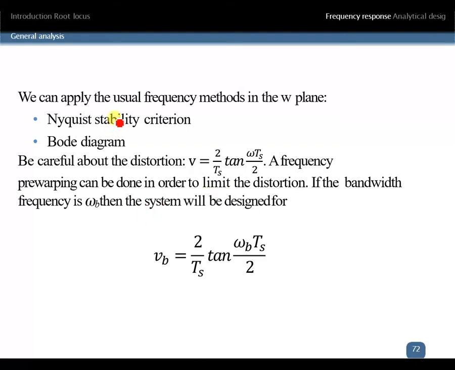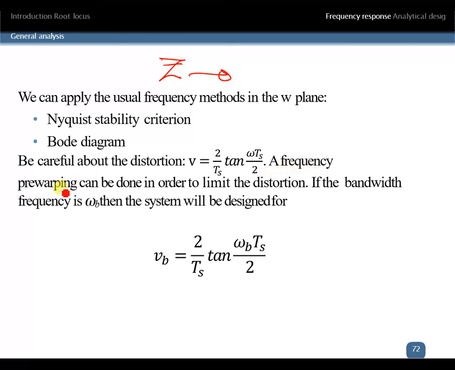We can apply the usual frequency methods in the w-plane, Nyquist and Bode diagrams. That means if you have it in Z, you change the Z to the W-plane and you implement the Nyquist and the Bode exactly the same as in your S-plane. Be careful about the distortion, v equal to 2/Ts tan(ωTs/2).